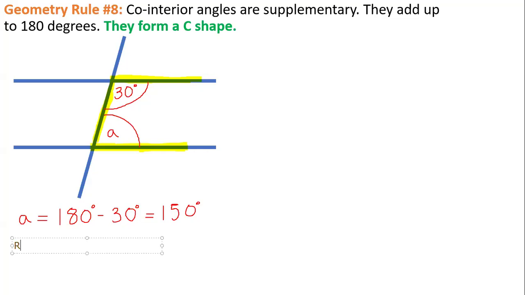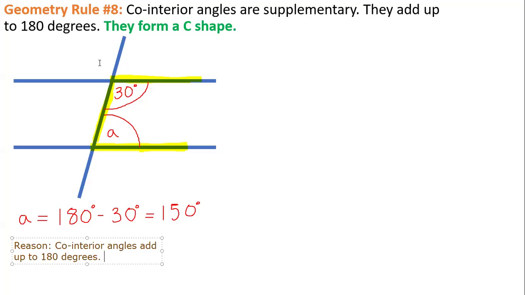Because co-interior angles add up to 180 degrees. Thank you. That's the reason. Do not tell me angles at a point on a straight line, Sashnik.